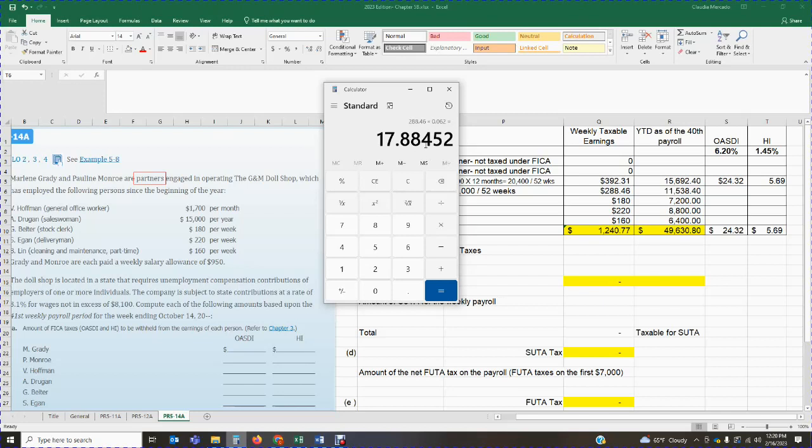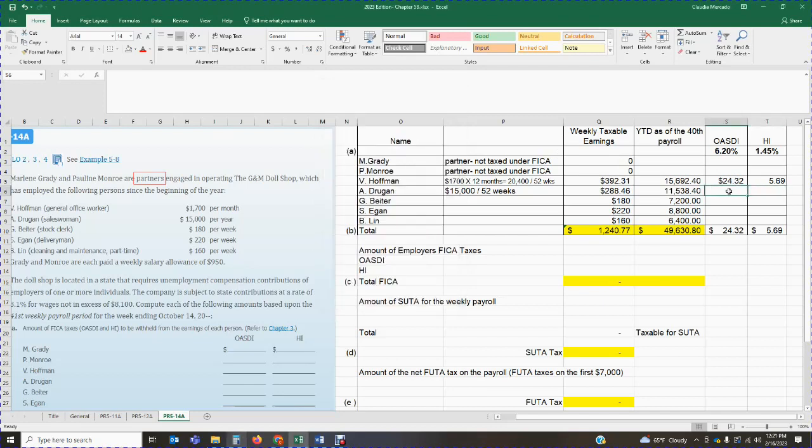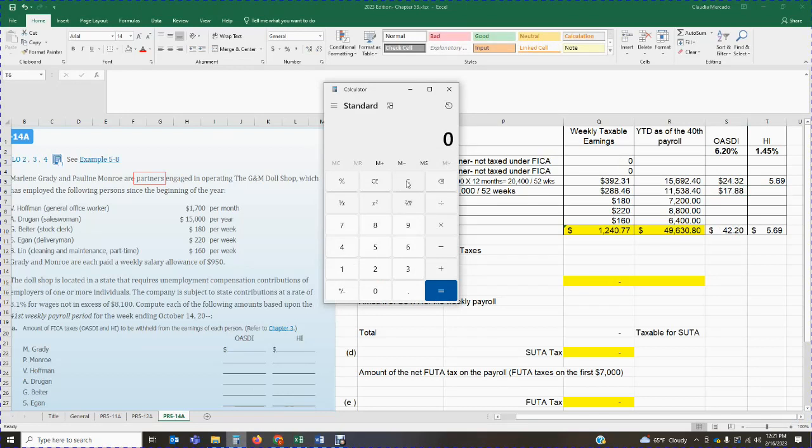In this case it's a 4, so I'm going to keep it at 17.88. For HI, I'm going to take 288.46 times 1.45%, and that gives me 4.182. That third digit is a 2, so I'm going to keep it at 4.18.